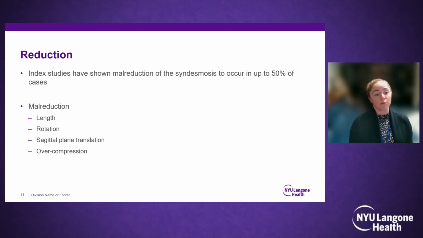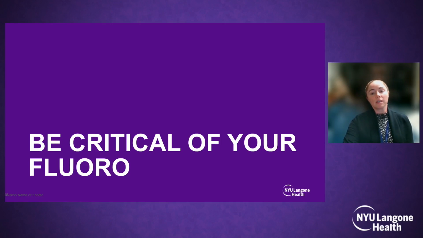You can malrotate the fibula fracture or rotate the entire fibula within the syndesmosis, which can lead to abnormal contact pressures. You can have sagittal plane translation, which is a big issue when you're using the clamp to close down the fracture. The fibula, especially if it's a flat syndesmotic incisura surface, can rotate either anteriorly or posteriorly, or you can overcompress it. So how do you mitigate these factors, and what do you do to get it right?